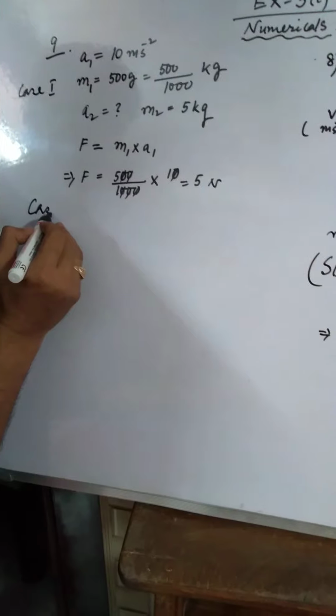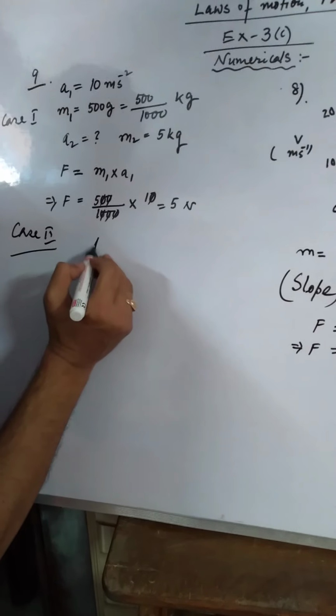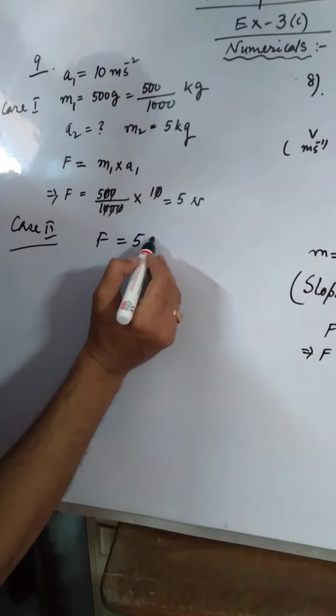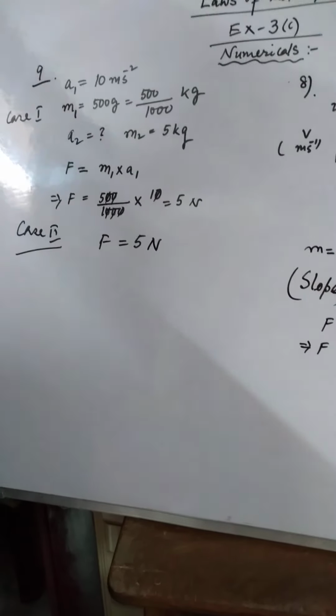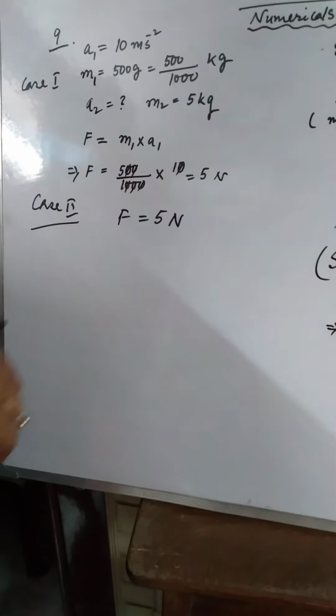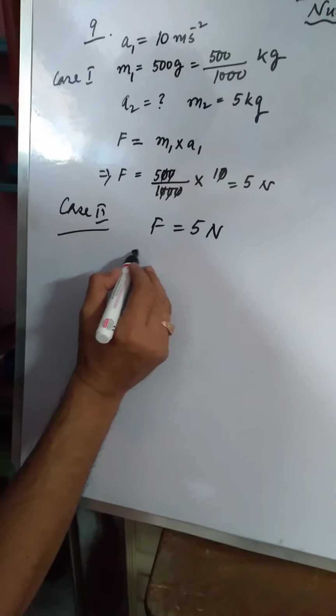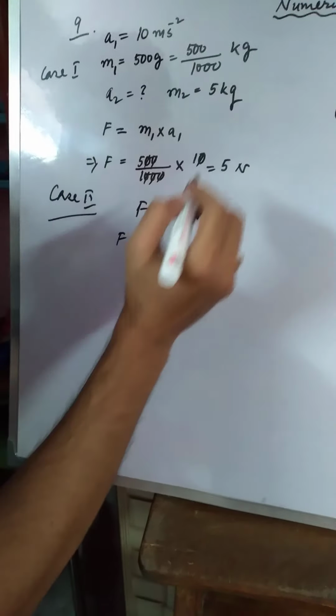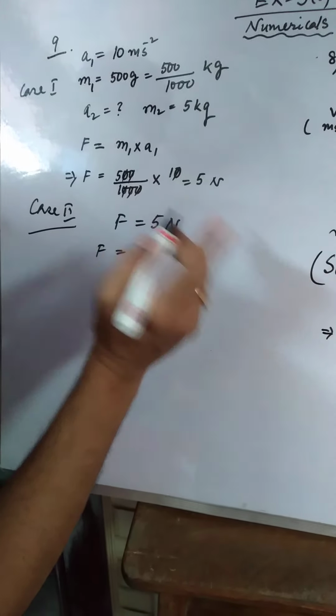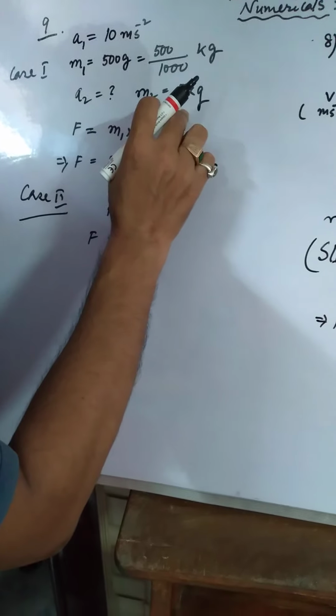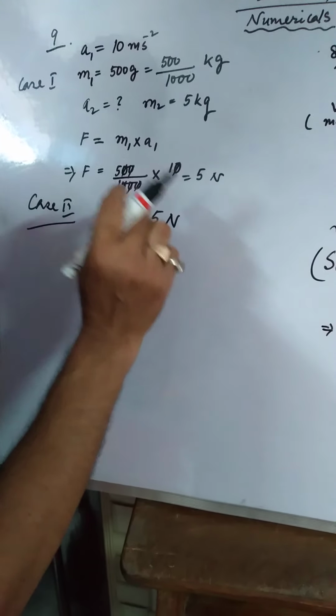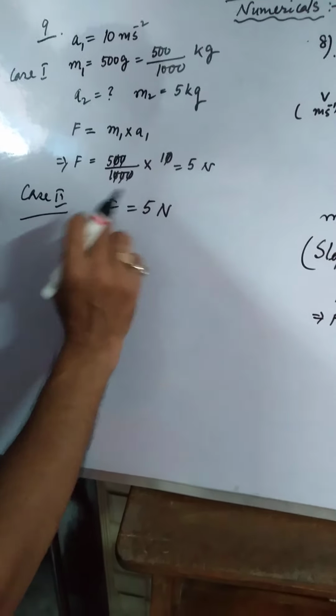Now in case 2, the force remains the same. That means you have to apply the same force, 5 Newton, but you have to find out the new acceleration produced in the body of mass 5 kilogram, whose external applied force is equal to 5 Newton.